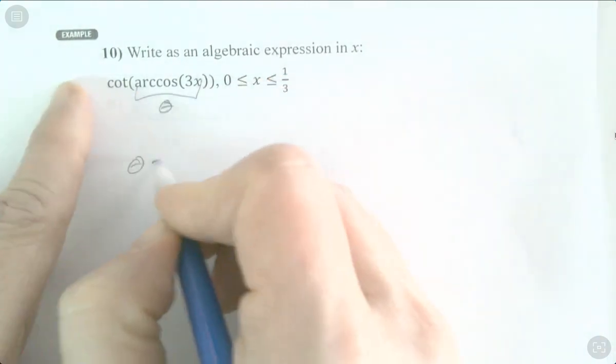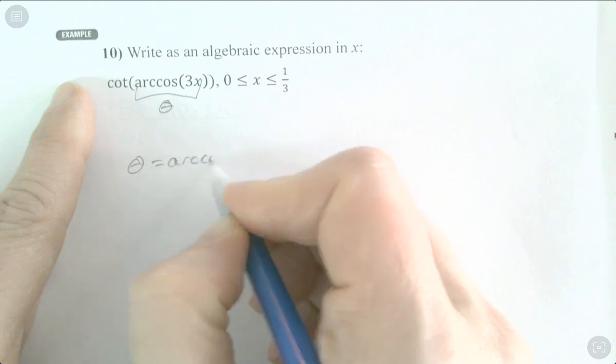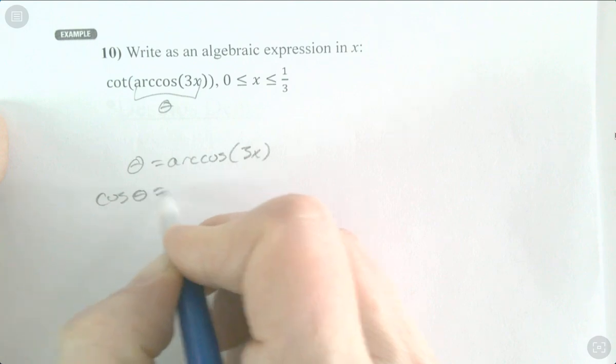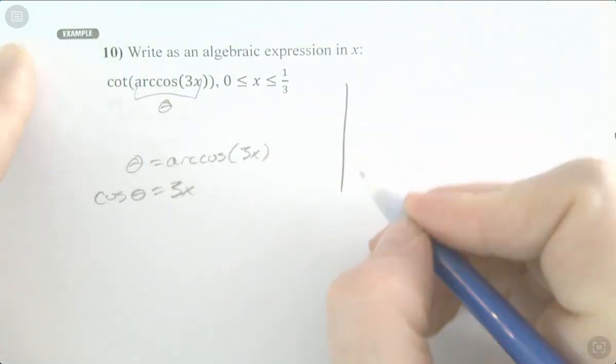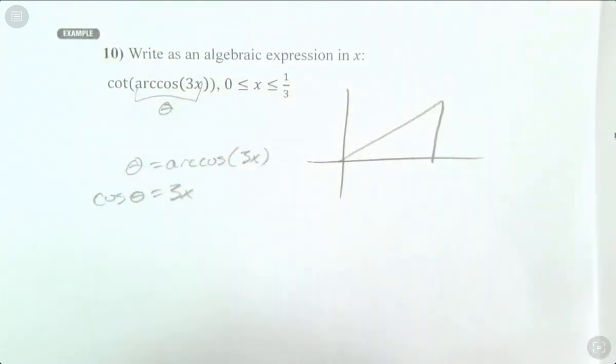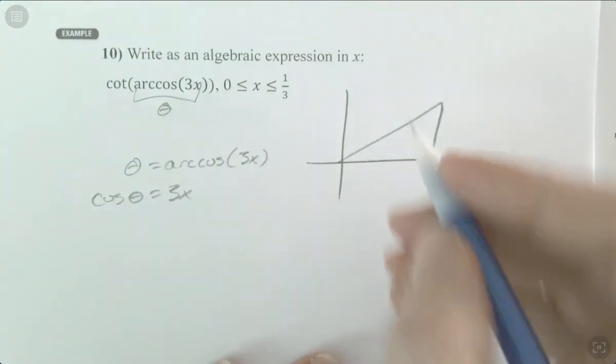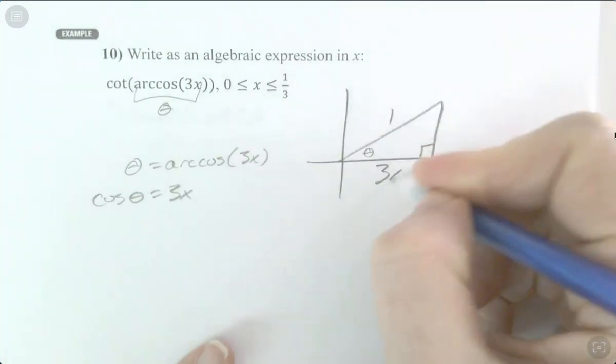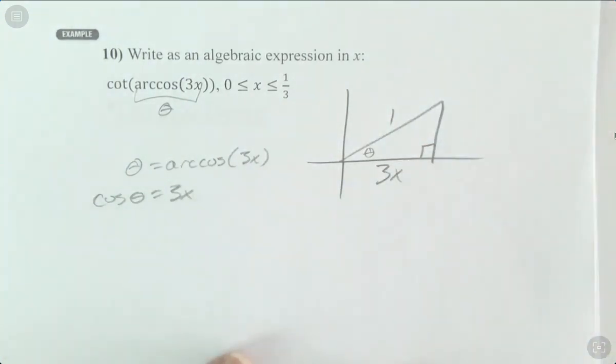So theta is equal to the arc cosine of 3x, or in other words, cosine of theta is 3x. It's positive, so we can go again in quadrant 1. We want to label the triangle so that the cosine of theta would be 3x. Make the hypotenuse 1, 3x the adjacent side. Find the length of the other leg.